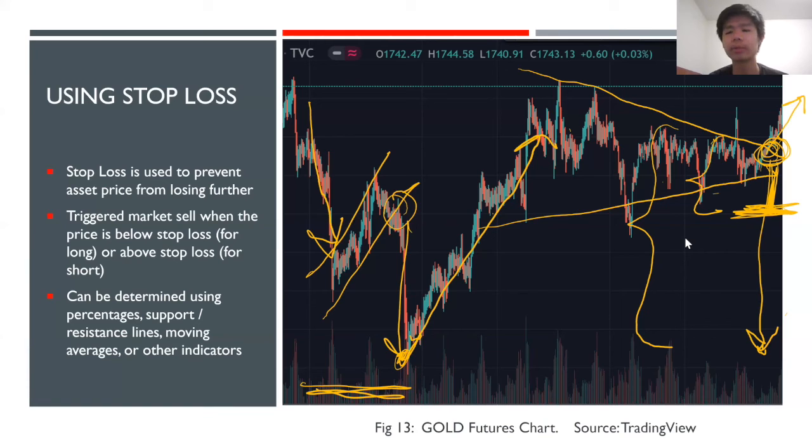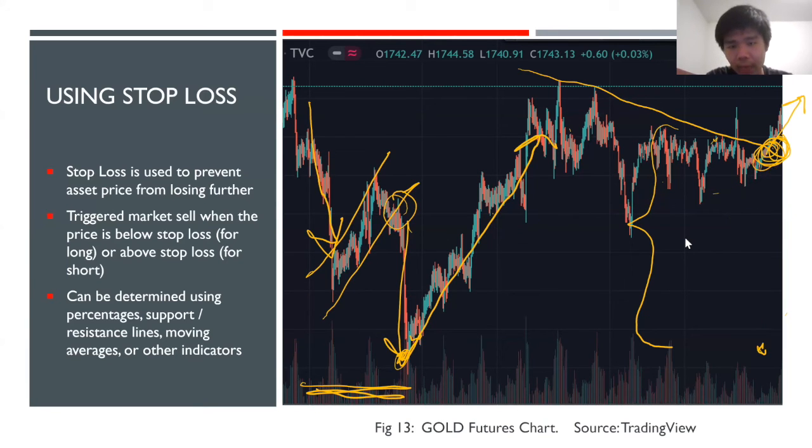Now, how do we know how to set these stop losses? There are many ways we can set them, but one of the most popular ones is actually to rely on our resistance or our support trend lines. And in this case, because we are trying to set our buy here that tries to break this resistance trend line, we can set our stop loss just before this resistance trend line here.